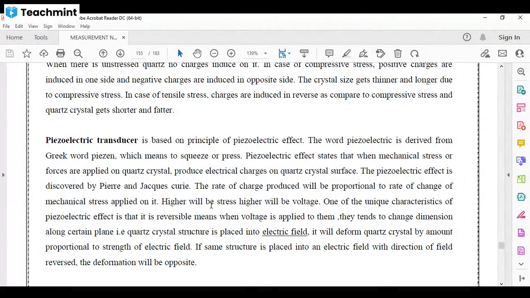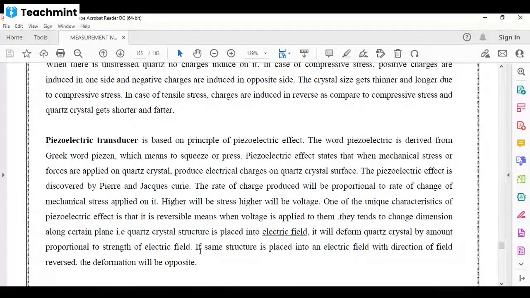And one of the unique characteristics of the piezoelectric effect is that it is reversible, meaning when voltage is applied to them, they tend to change the dimension along a certain plane. If the quartz crystal structure is placed in an electric field, it is deformed by an amount proportional to the strength of the electric field.